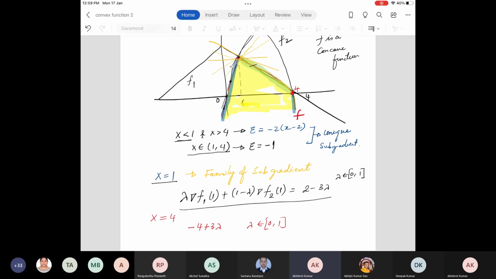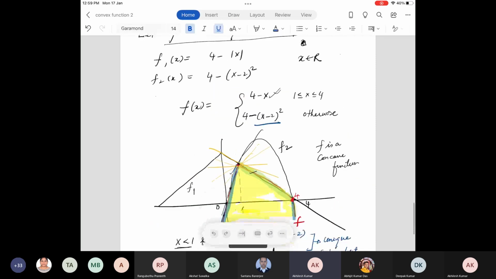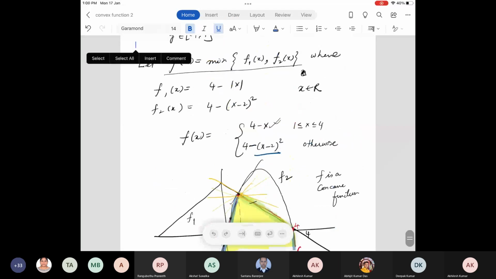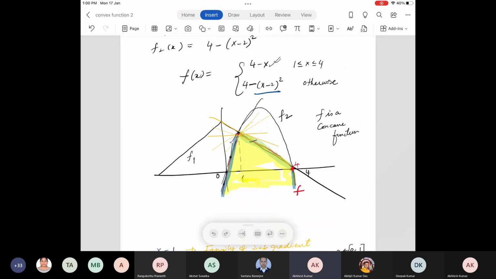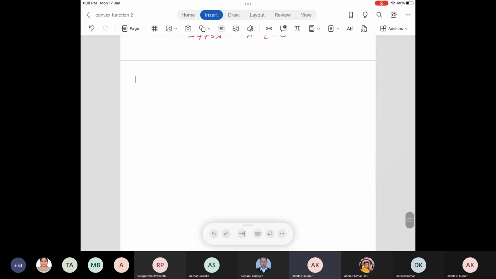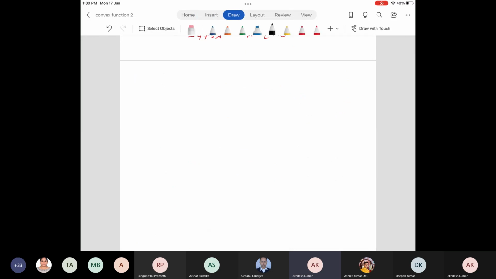Let me try to explain what is happening at this point. Let me insert pages. My curve is looking like this. If this one was f1 and this one was f2, or otherwise this was f2, this was f1, and f2 again.